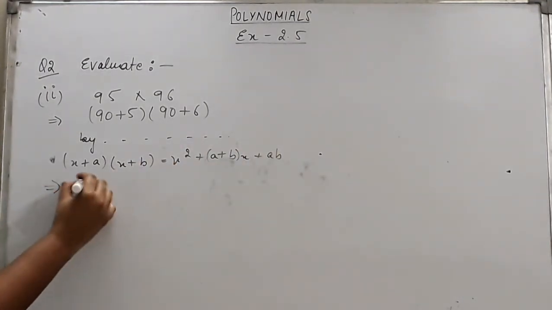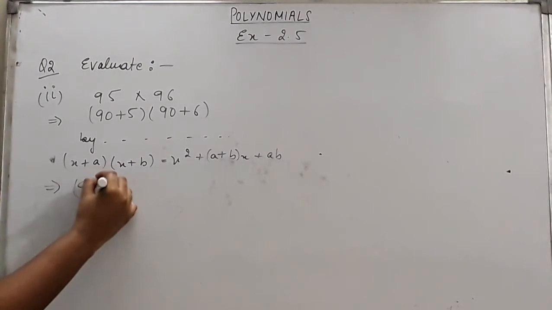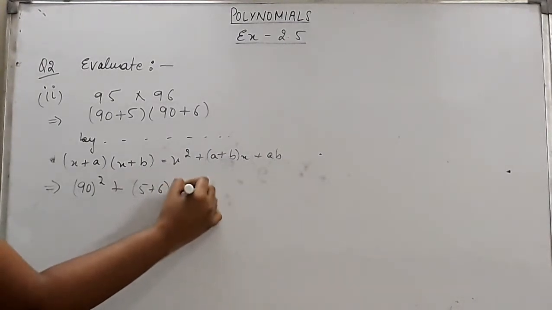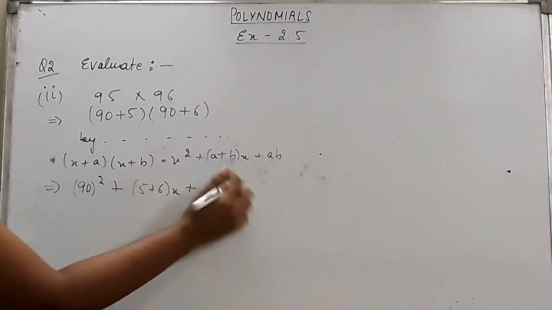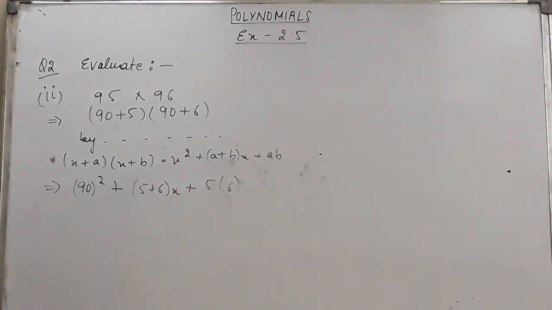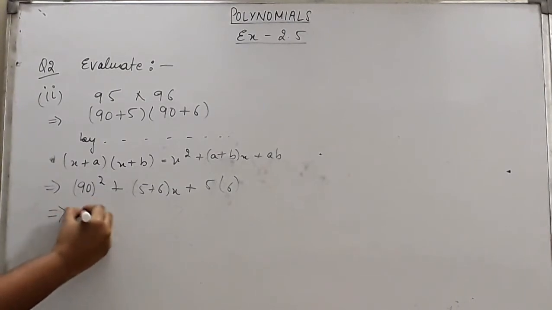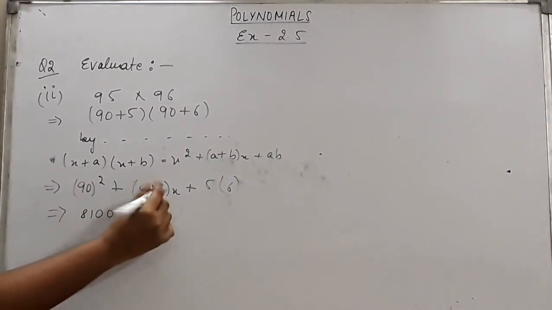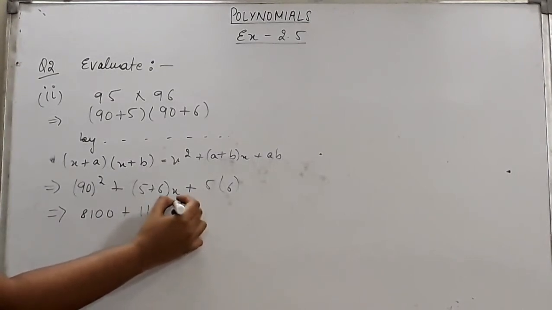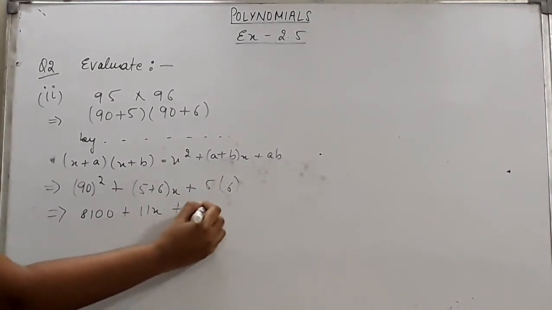Then put the terms: 90 square plus (5 + 6) multiplied by 90 plus 5 multiplied by 6, which gives plus 11x plus and so on.